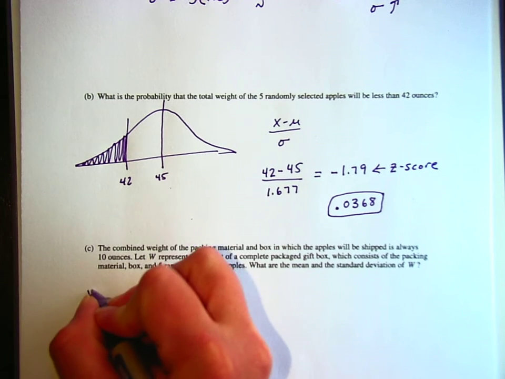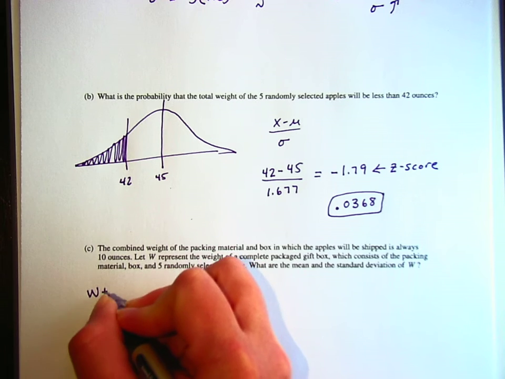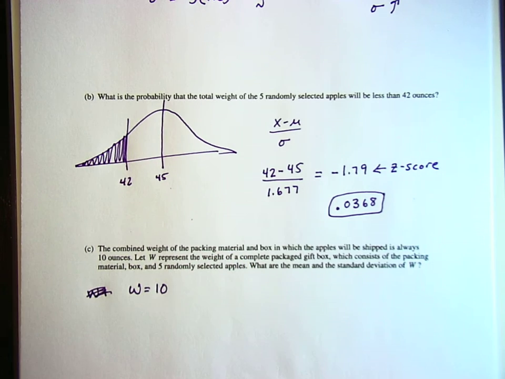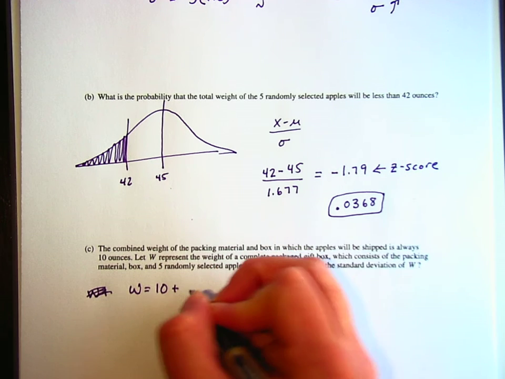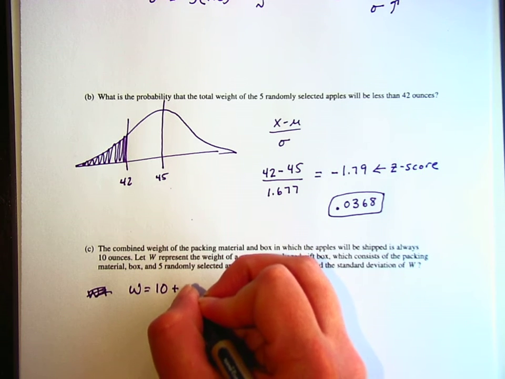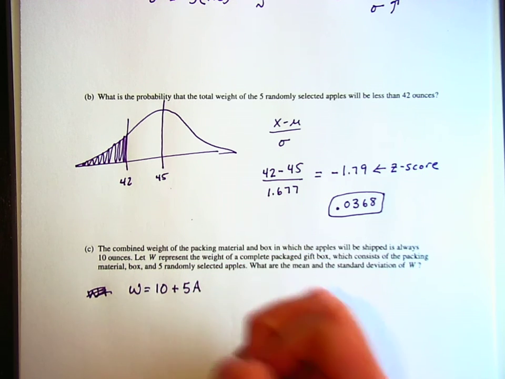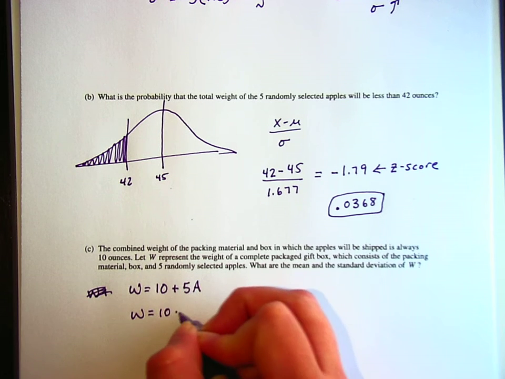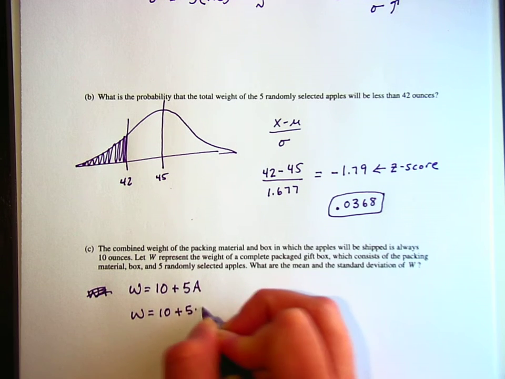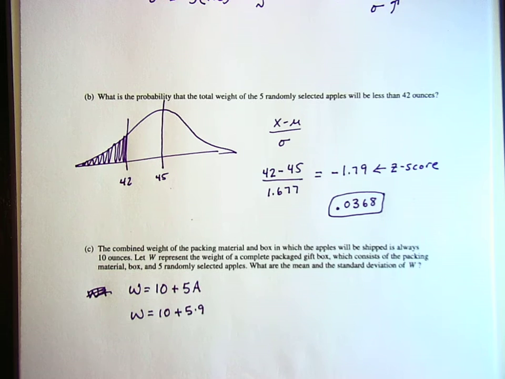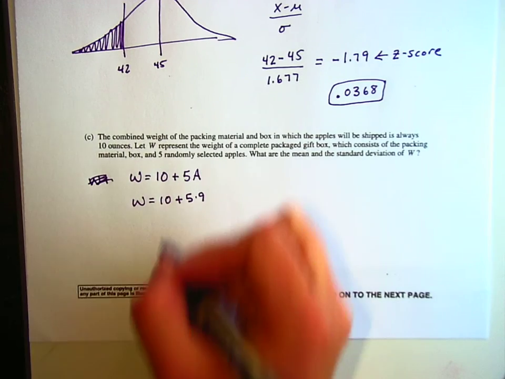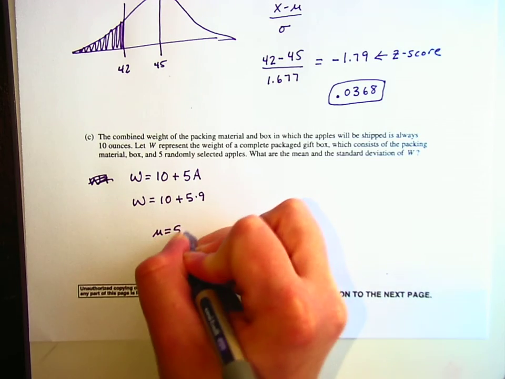So W equals 10 ounces, no matter what, because that's the shipping, plus those 5 apples. For the mean, it's as simple as saying 10 plus 5 times 9. It used to be 45 for 5 apples, and now it is another 10, so my new mu is 55.